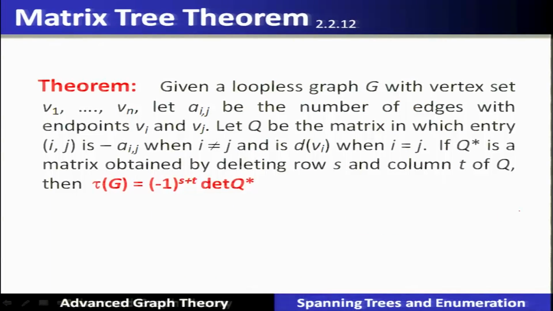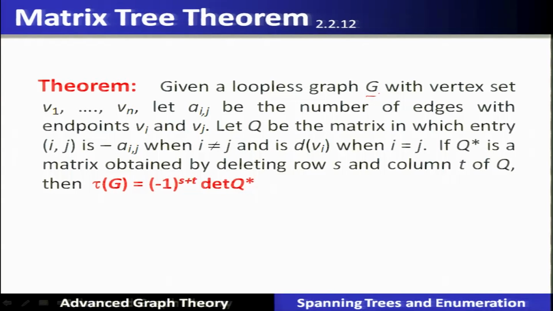So, let us see the statement of the matrix tree theorem. The theorem says that given a loopless graph G with vertex set V1 to Vn, let aij be the number of edges with endpoints Vi and Vj.